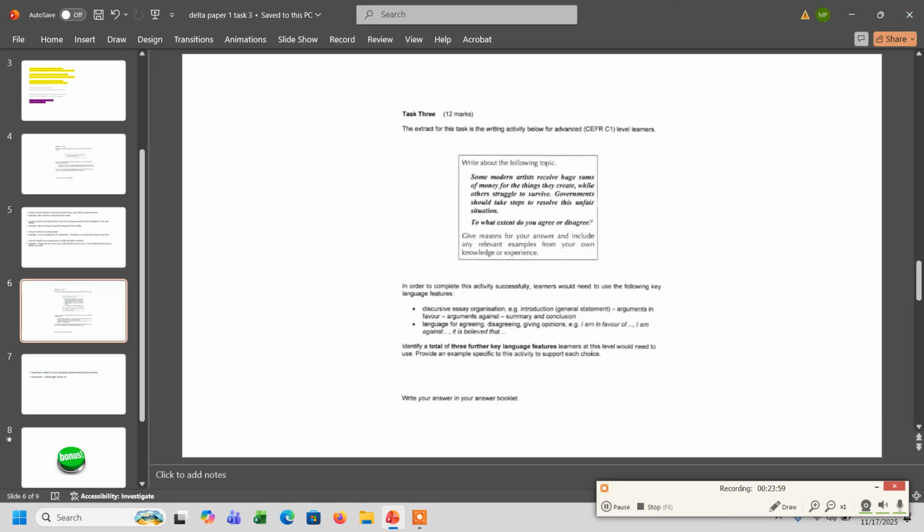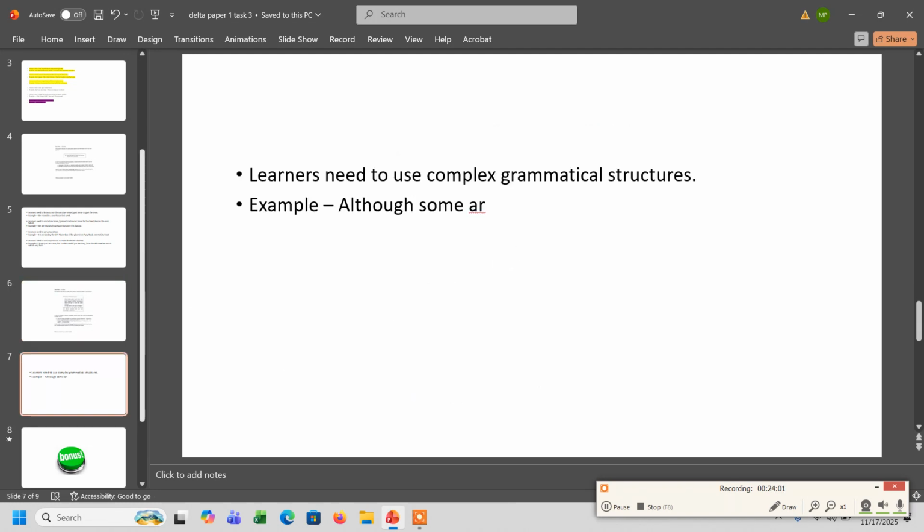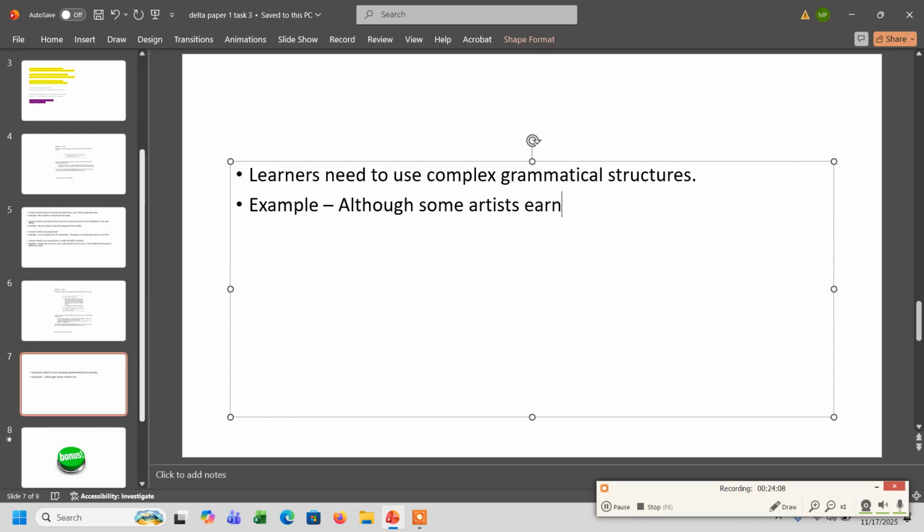Some modern artists, yes, okay, so some artists, because we cannot copy the whole thing, right? So you need to paraphrase, vast amounts of money, others barely make a living. So here I'm using the complex grammar structure. This is a complex sentence. Okay, and what else?